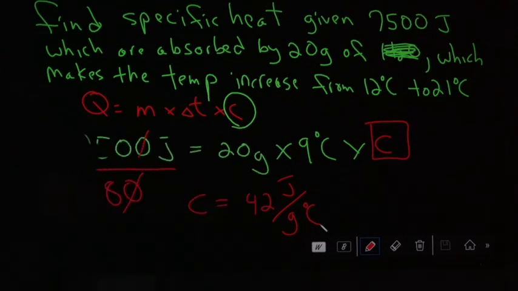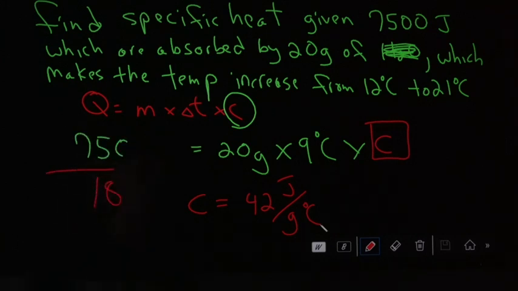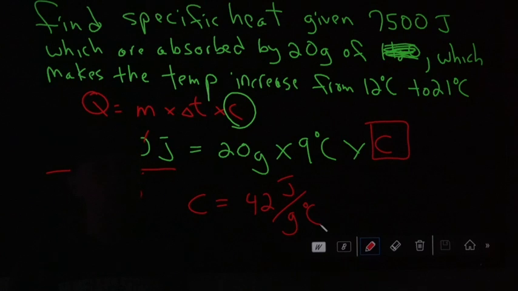Now, look at it. What did I say had the highest natural specific heat of any substance on Earth? Water. Water has a specific heat of 4.18. This has a specific heat of 42. So this certainly is not a natural substance.